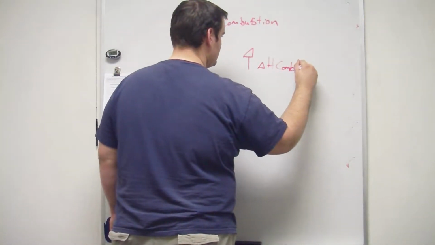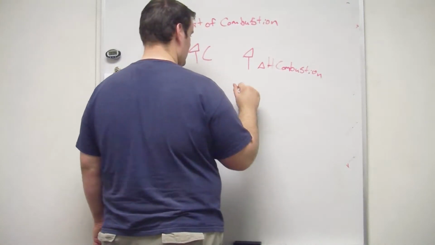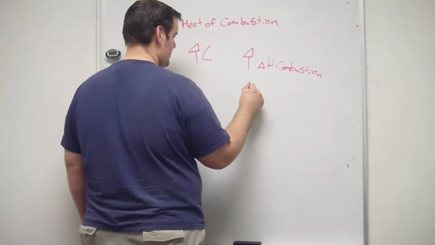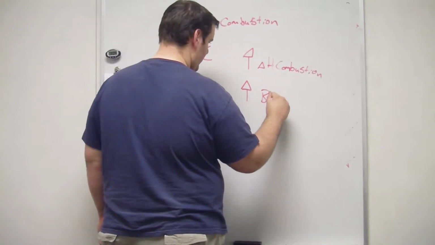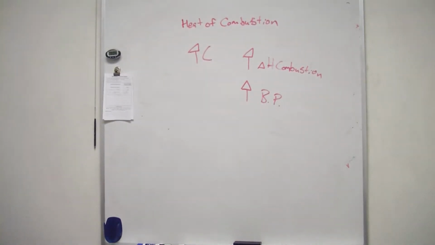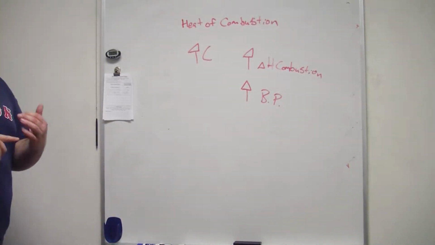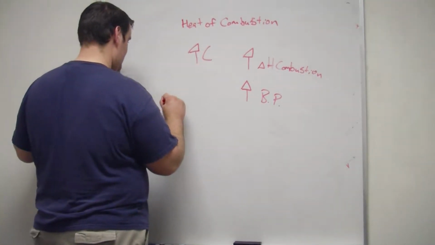And what happens to the boiling point? You're going to increase our boiling point too, if we increase the number of carbons. Why does this happen? Surface area.